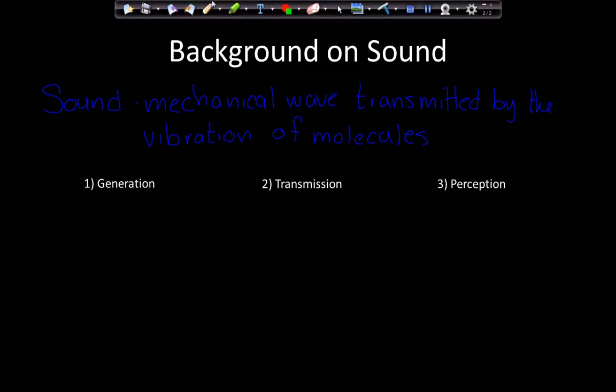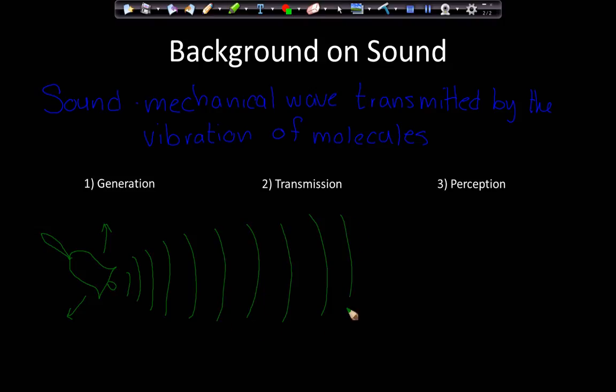So, let me switch over to a pen here. If I were going to give you an example of the generation of sound, I could use a dinner bell. And this dinner bell, when I shake it back and forth, can be used to generate a mechanical wave. And this wave can vibrate molecules in the air. After the wave has been generated, it can be transmitted through space by propagating this vibration of molecules through the air.